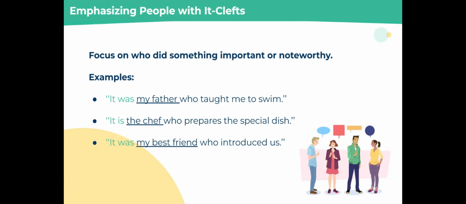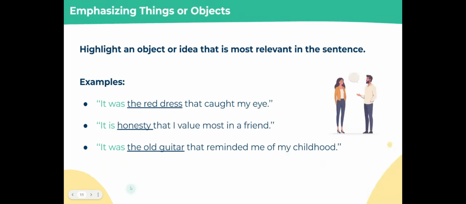So by using it-clefts, we create emphasis for the person. It was my father. It was the chef. It was my best friend. And then we have our relative clause. Okay, here we go. Let's continue with the next screen.